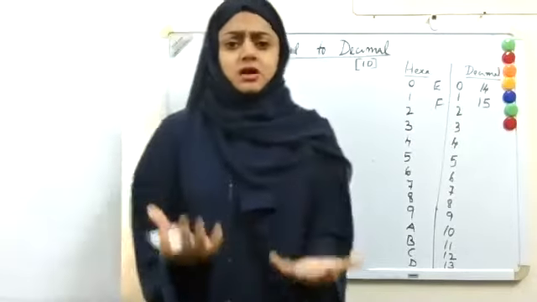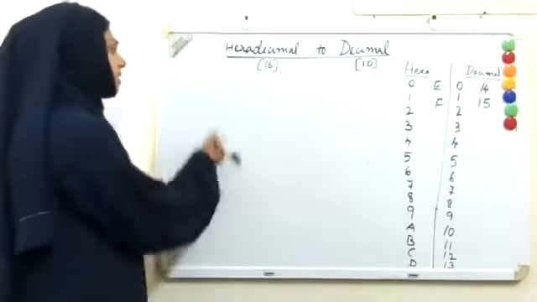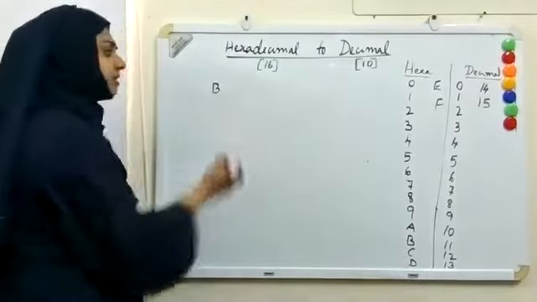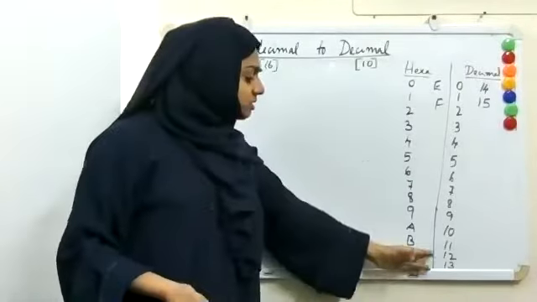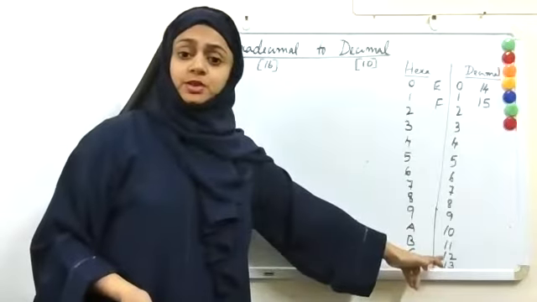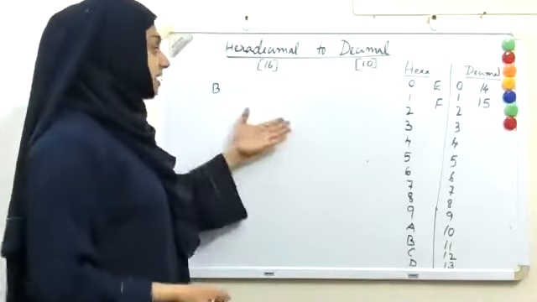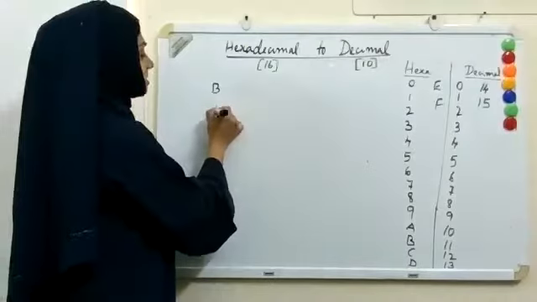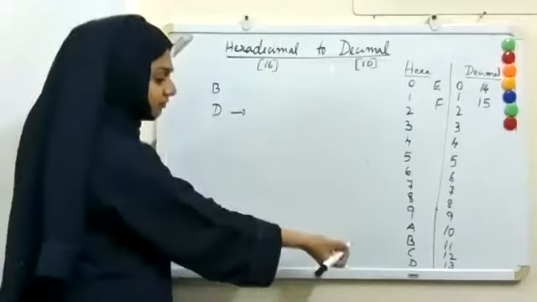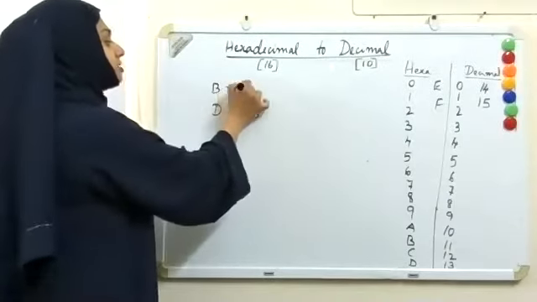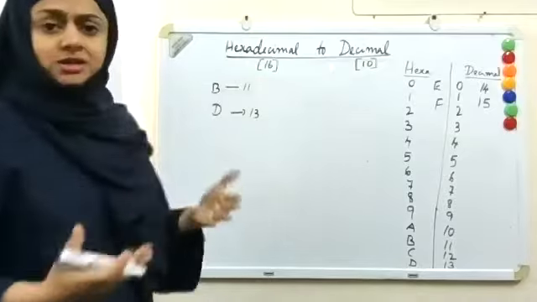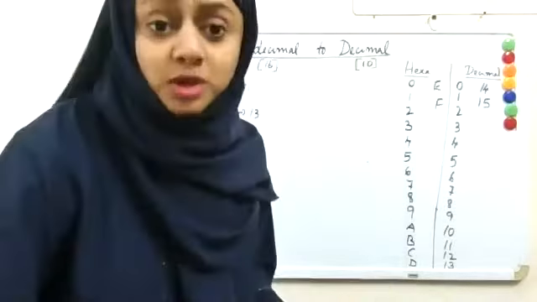If you are asked to convert a hexadecimal number, for example B, you can directly tell from this table it is 11. If there is just D, you can directly write from here it is 13. So if it is only one digit, then it is easy to convert.